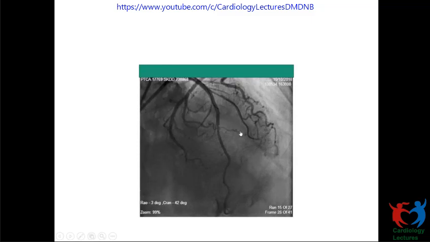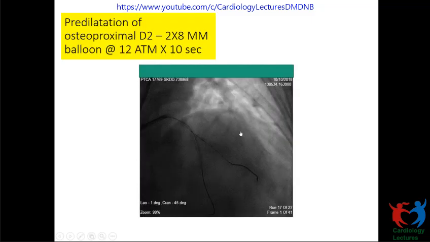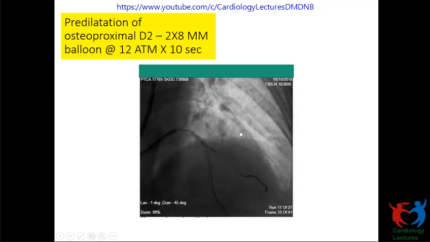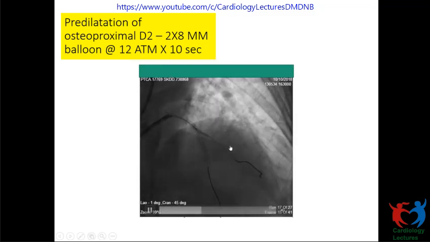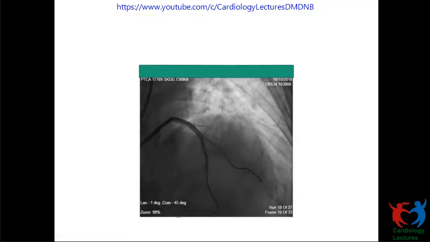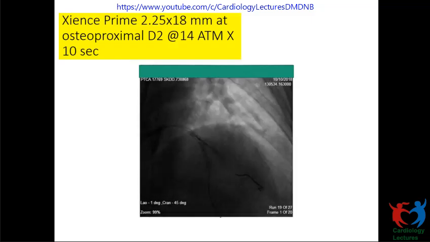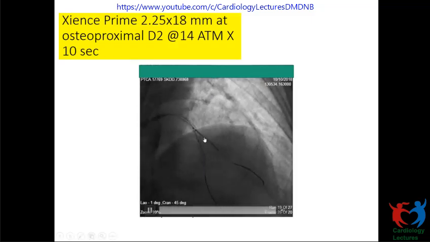We then pre-dilated this diagonal with 2x8 through the distal strut of the LAD stent. Then we took another stent, which was 2.25 by 18, into the diagonal.